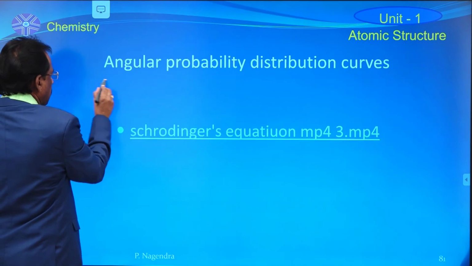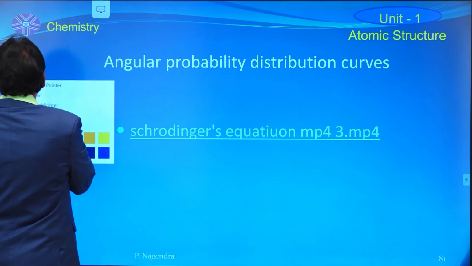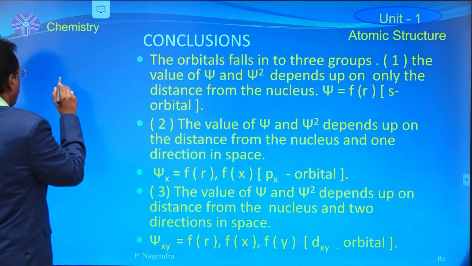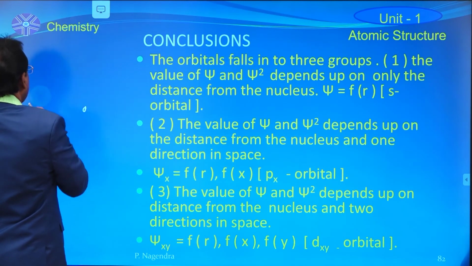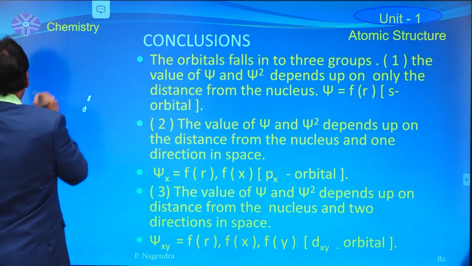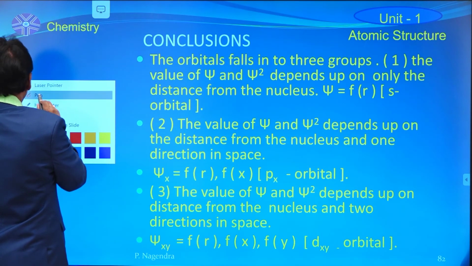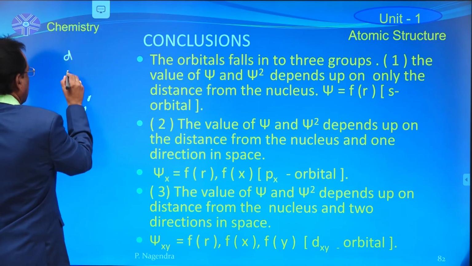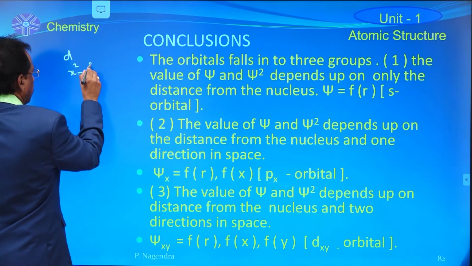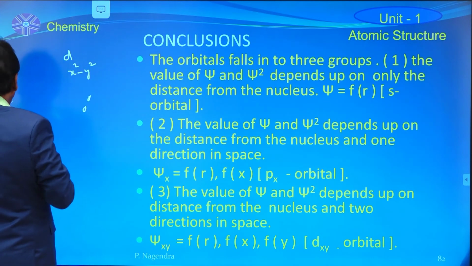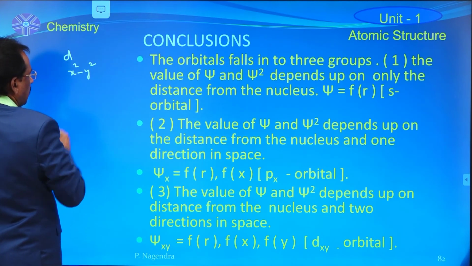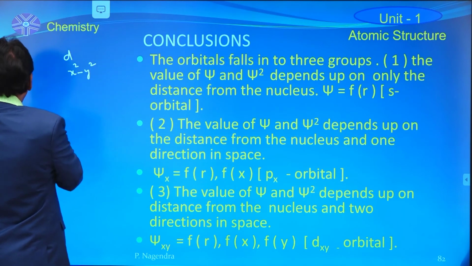And in the remaining 2 d orbitals, one is dx square minus y square. Now this is the representation of the dx square minus y square orbital.